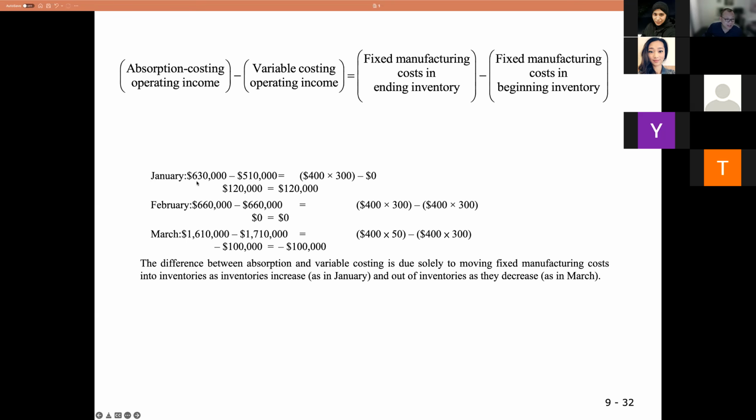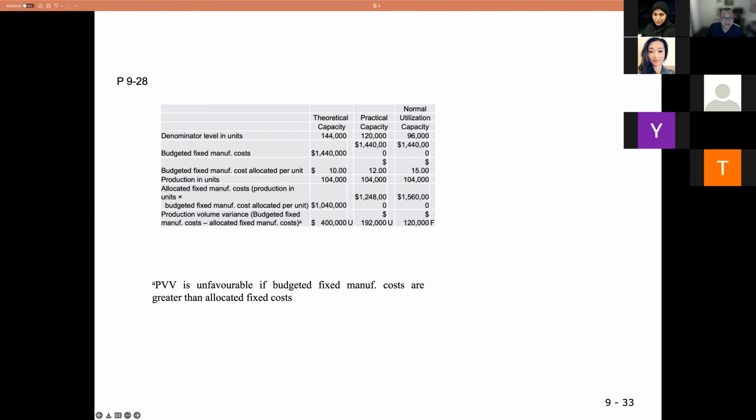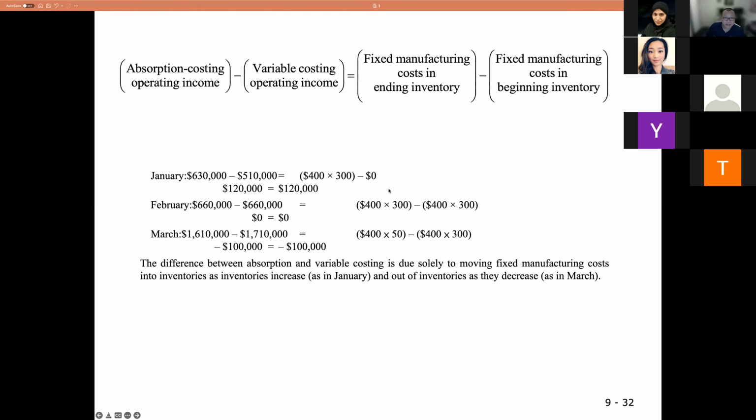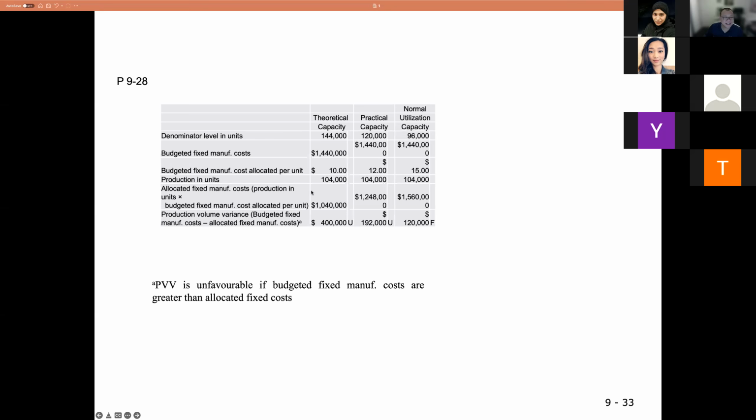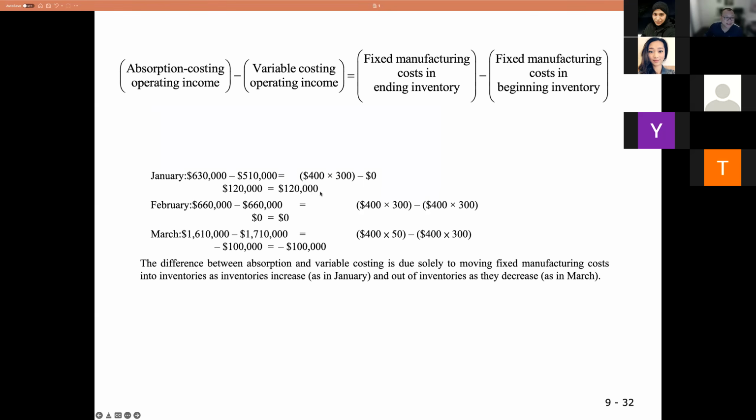So for January, these two numbers we already calculated, right? And we know the difference is 120,000. And for the inventory side, the opening inventory is 0, ending inventory is 400 times 300 units. So you can see both sides is 120,000.